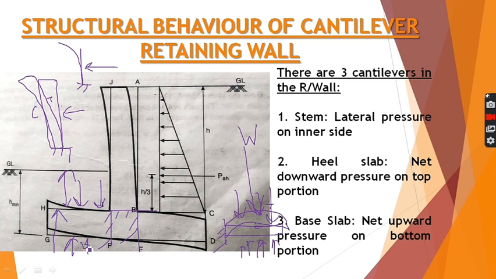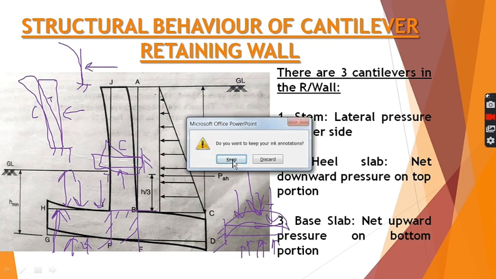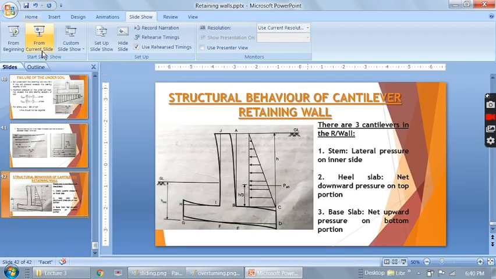This value will always be more than this value, so the net direction of load will be upward. So in the case of the toe slab, the net force is upward, hence the cantilever action will be like this. So this is the tension zone and this is the compression zone. So I think it is clear to you now how the individual cantilevers are behaving.